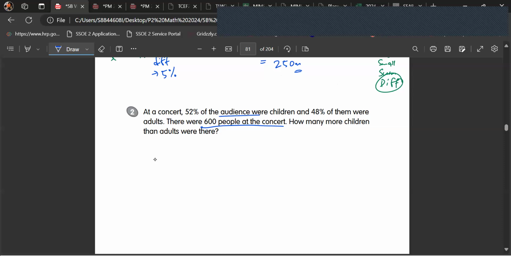Brian very quickly recognized that the 600 people is the same as the audience and the same as of them. So for all the people, it's 100%, and 100% is 600 people.